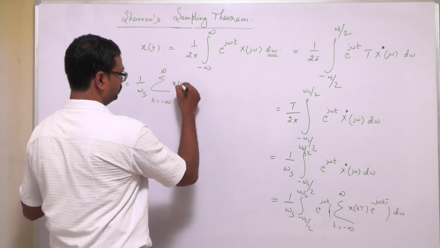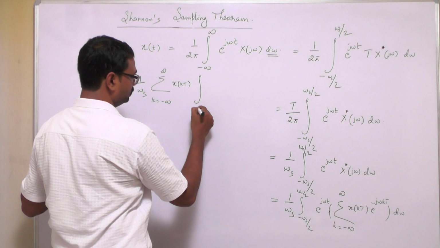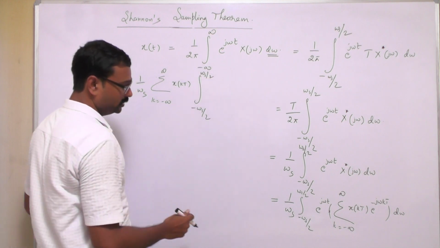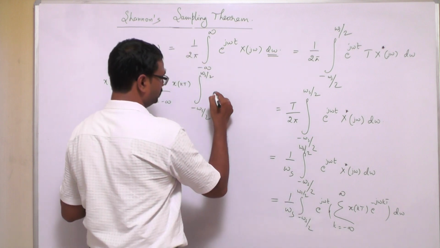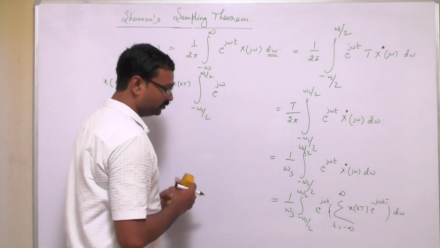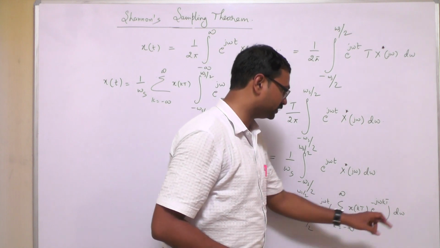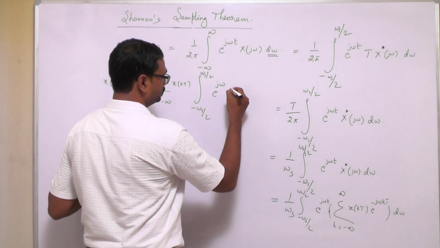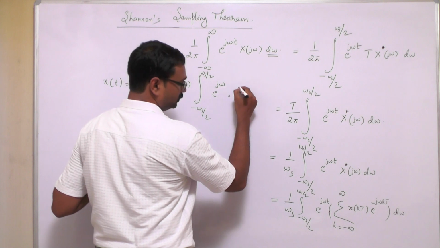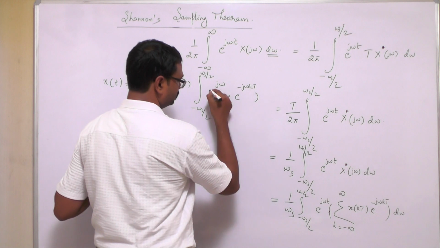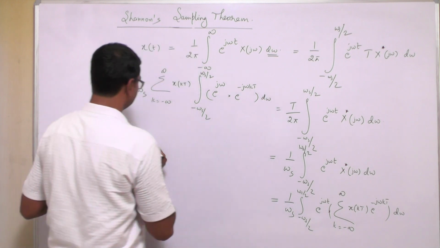Therefore x of kt integral minus omega s by 2 to omega s by 2, e power j omega t and e power minus j omega kt d omega.